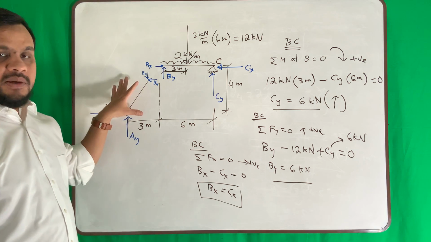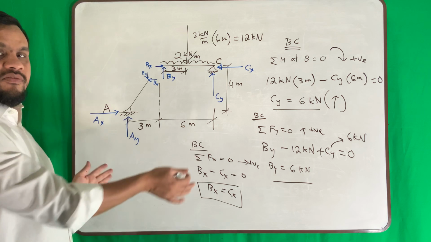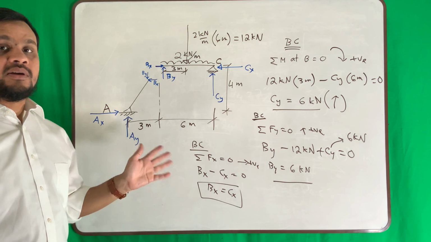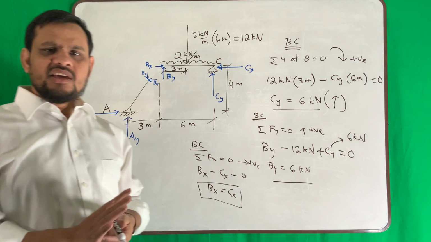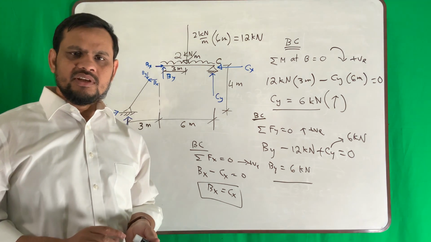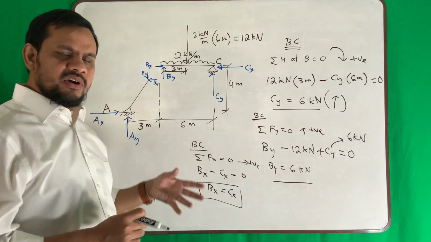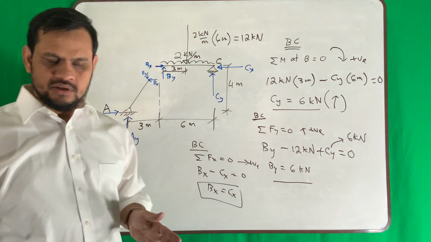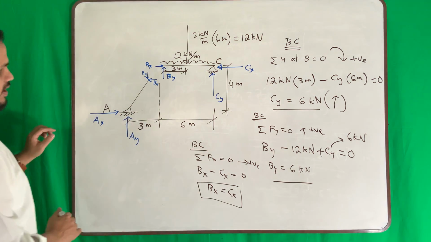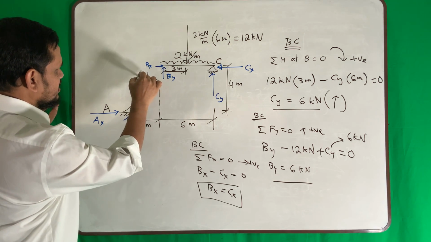If it does not give me any answer, I can consider the entire frame again, but I am not going there, because there are so many ways you can solve any structure. Whatever way you can find the answer, do it quickly. If I take this one, now I know By, so By is now 6.